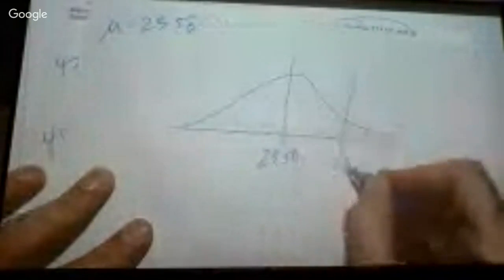A is a little too big too. I think it's C. We have mu is 23.50. Our X bar is 25. Our standard error is 71 cents.